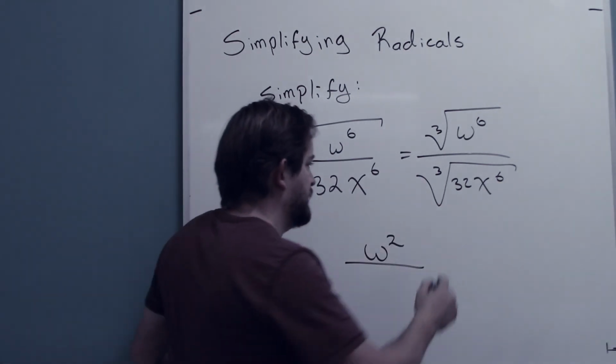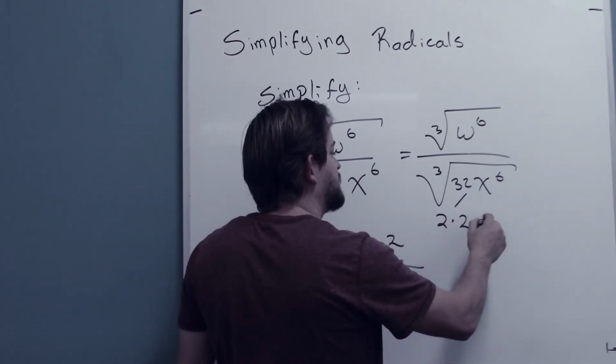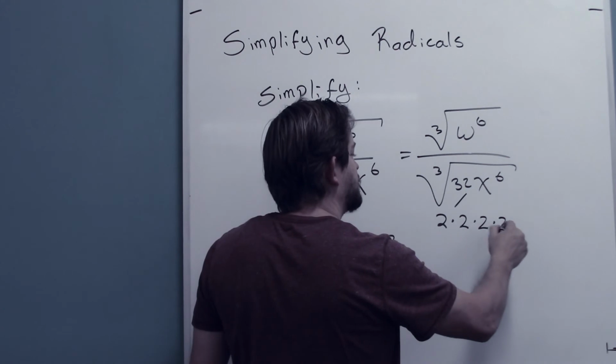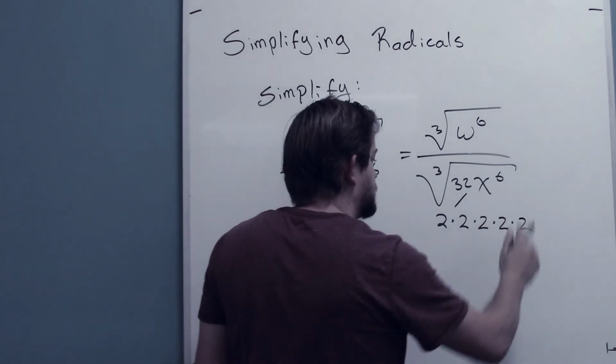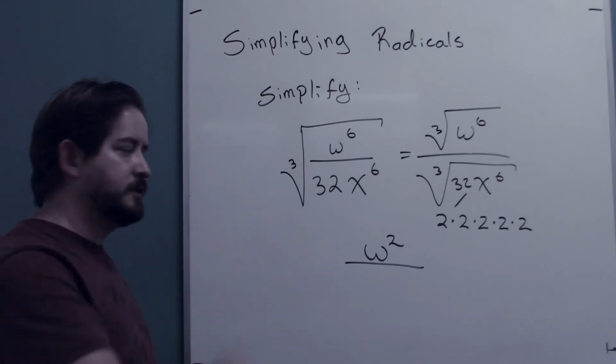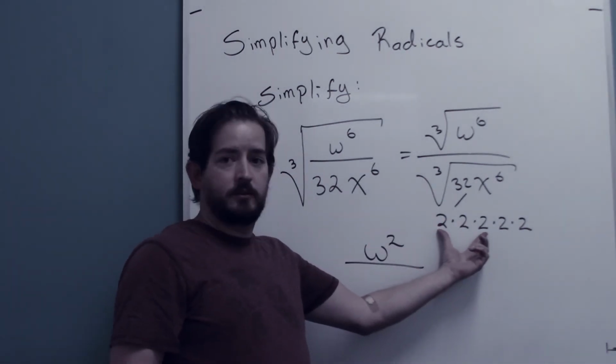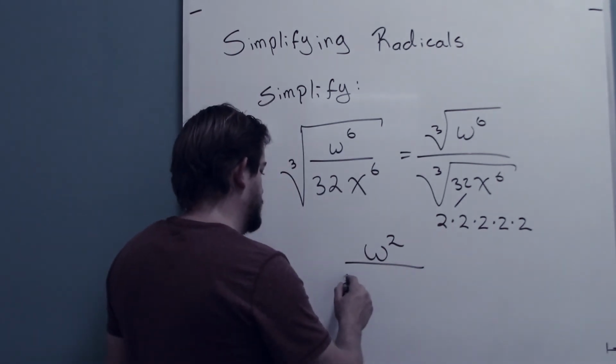32 happens to be 2 times 2 is 4, times another 2 is 8, times another 2 is 16, times another 2 is 32. So 32 is just 2 times 2 times 2 times 2 times 2. I need 3 to pull out, so I can pull out a group of 3 of them, so I can pull out a 2.